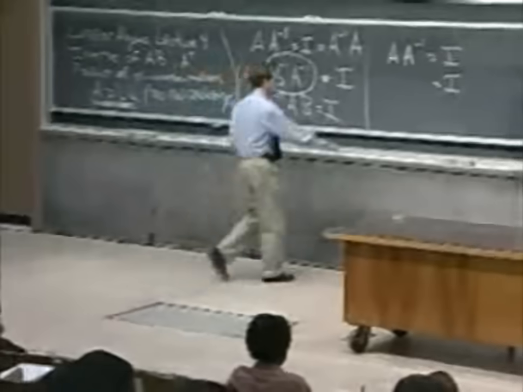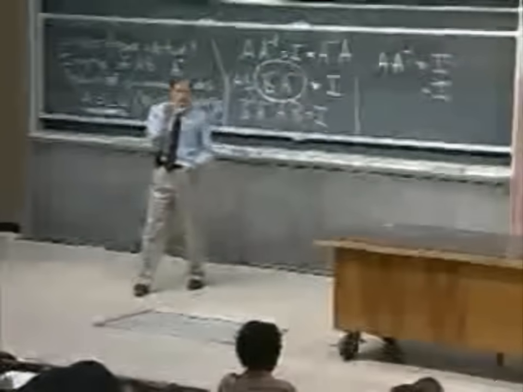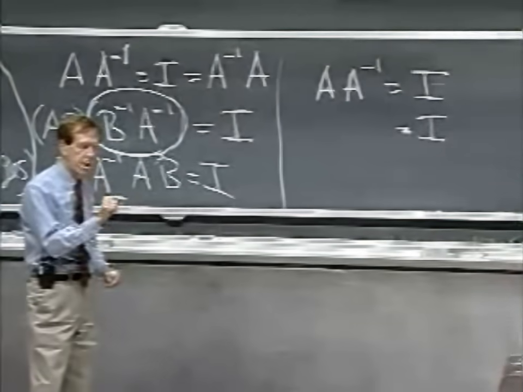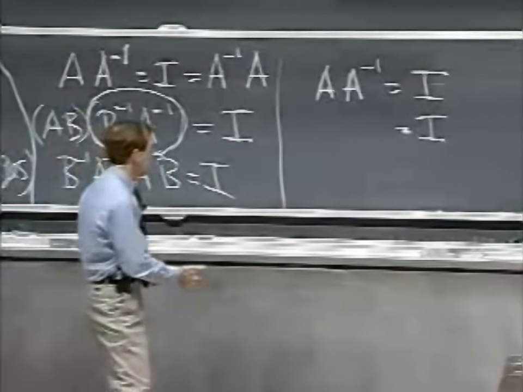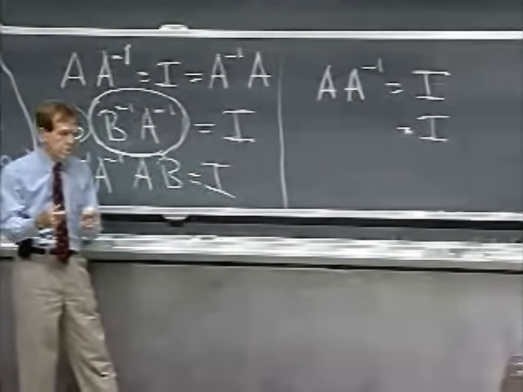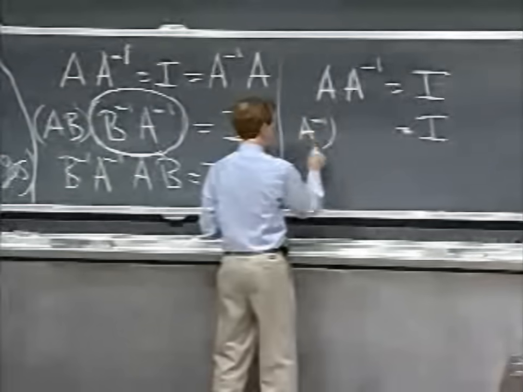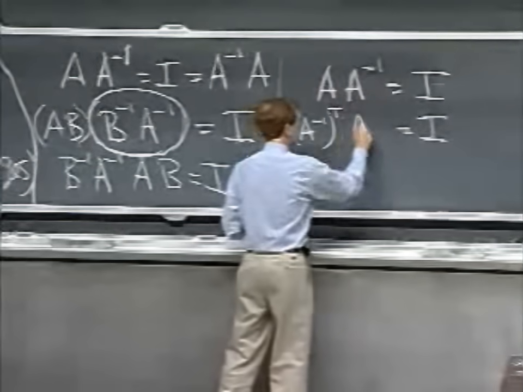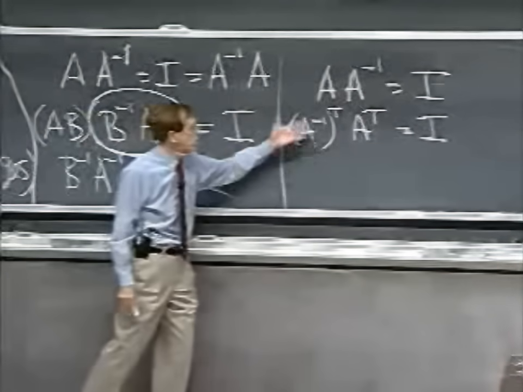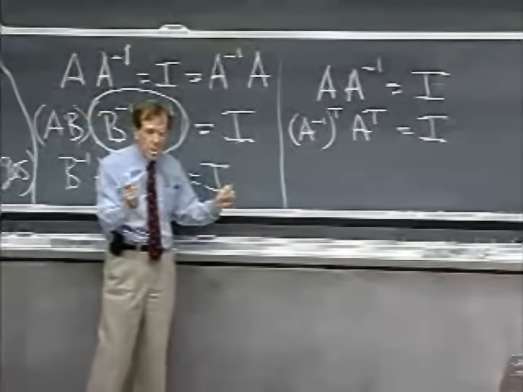If I transpose these guys, that product, then again it turns out that I have to reverse the order. I can transpose them separately, but when I multiply, those transposes come in the opposite order. So it's A inverse transpose times A transpose, giving the identity. So this equation just comes directly from that one. But this equation tells me what I wanted to know.